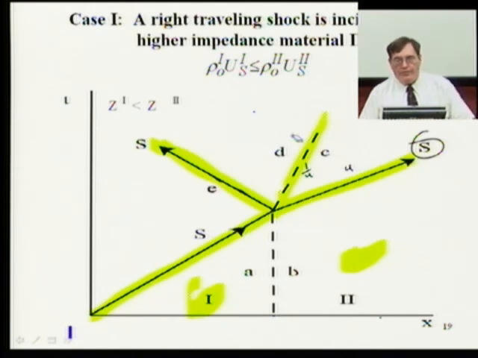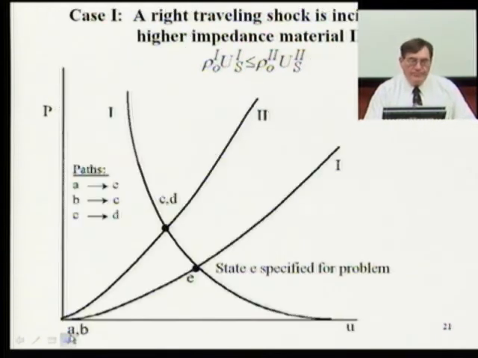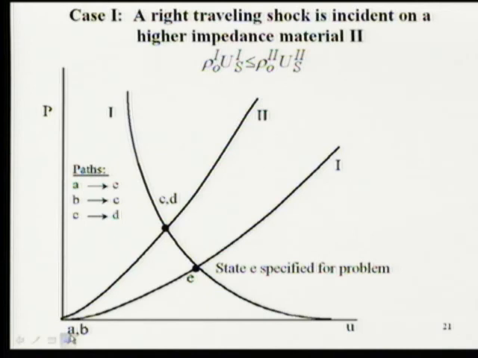Boundary condition for the plates to be together. Okay, so that being the case, this is the answer in the PU diagram, and this is a completed impedance matching problem of the first, very simple one, just one reflection.